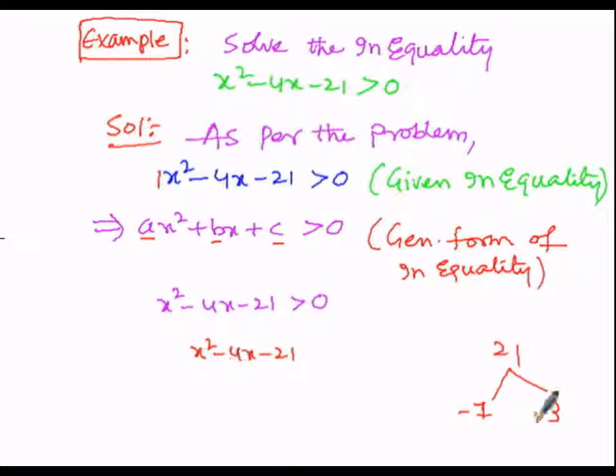If I assign the 3 a minus sign, minus of minus will be plus, we have to add up, 7 plus 3 will be 10, but 10 is not the coefficient of x. So automatically the sign of that 3 must be plus. Then minus of plus will be minus, let us subtract, greater minus least, 7 minus 3 is 4, so 4 is the coefficient, and its sign is negative because 7 is greater than 3.